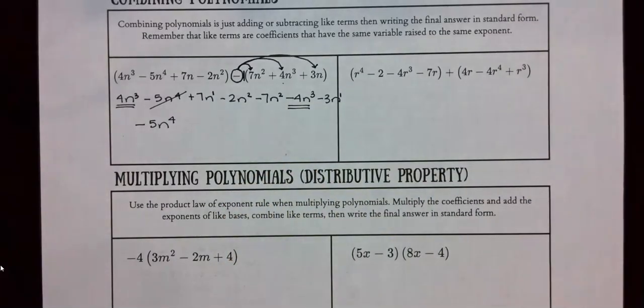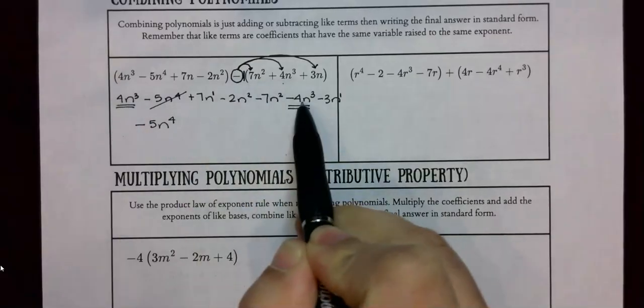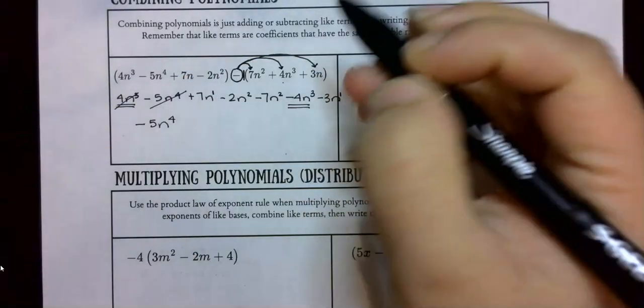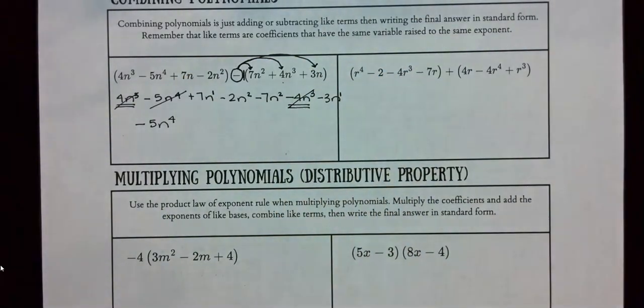So I'm just going to read it like I read a book. 4 minus 4 gives me 0. If it's 0, we don't have to write it down. So I'm not writing down the 0. I'm also not going to bring down the n to the 3rd because there are 0 n to the 3rd powers. So these cancel each other out. They eliminate each other. So there's no need to write it down.